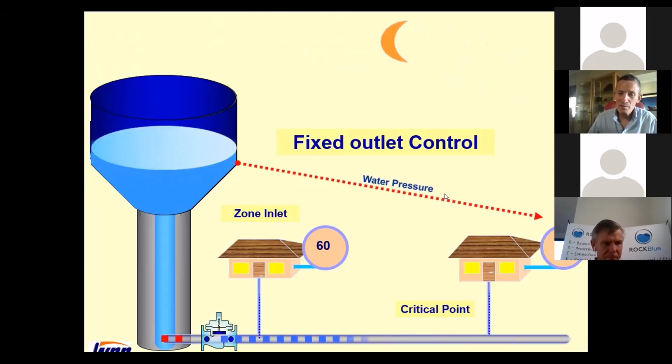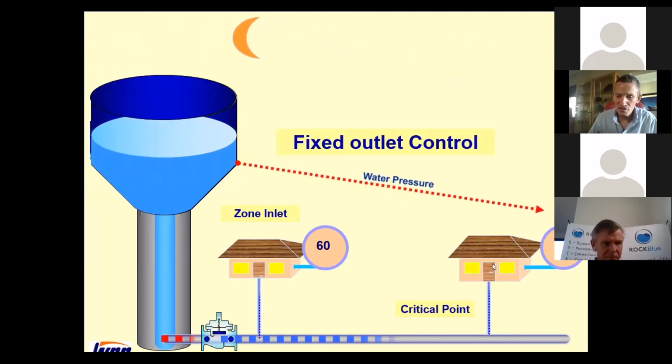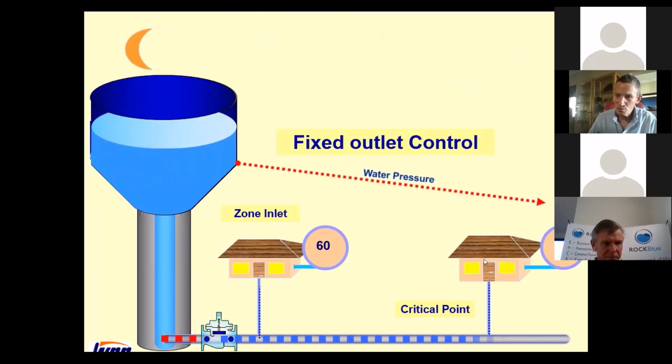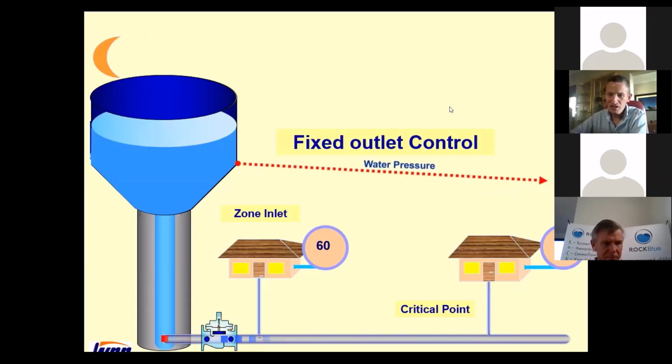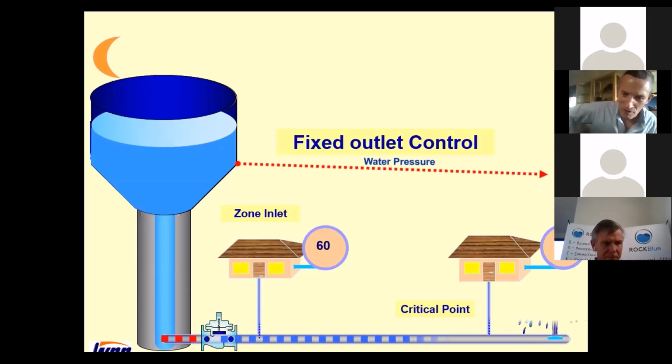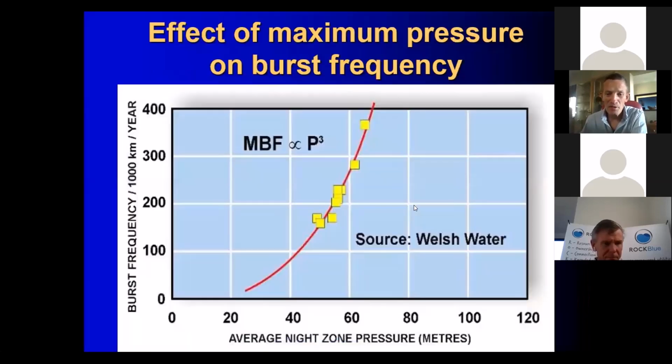At night time, that friction loss reduces, and the pressure at the critical point will increase, which hopefully you can see here. And once it increases at night time, then you get the leak developing. Obviously, no expense has been spared on this slide, as you can appreciate. So we'll move on to the next one.